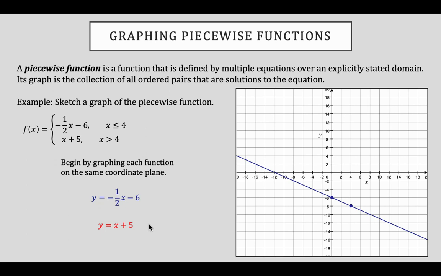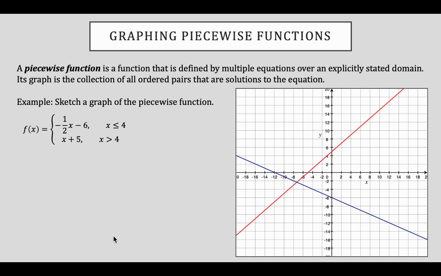All right, the second piece of our piecewise function, y equals x plus 5. Again, we have another linear function. The y-intercept of this linear function is positive 5, and the slope of this line is going to be 1. All right, there we have our second line.